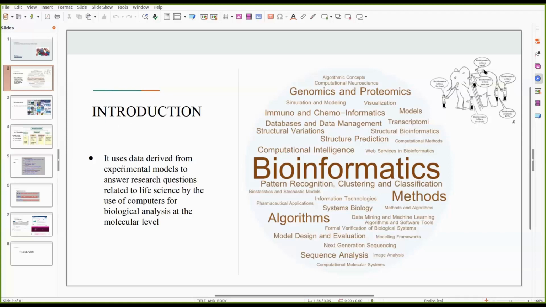So bioinformatics uses data derived from experimental models to answer research questions related to life science by the use of computers for biological analysis at the molecular level. The progress starts from you probably knowing, oh, there's a disease.